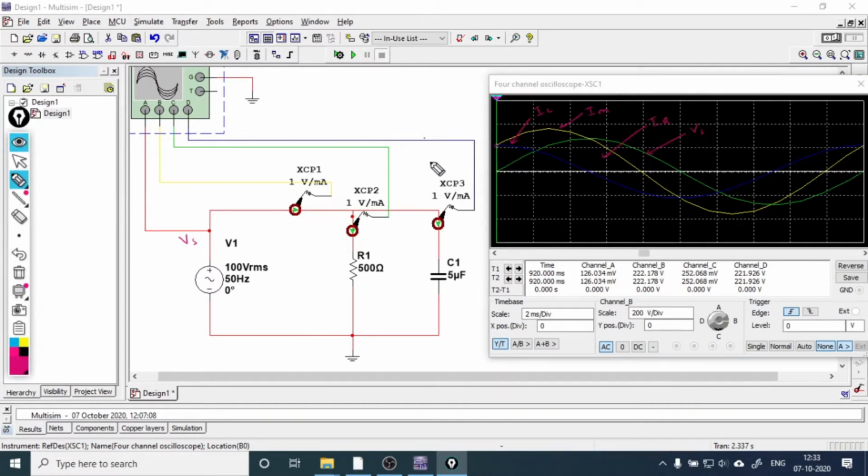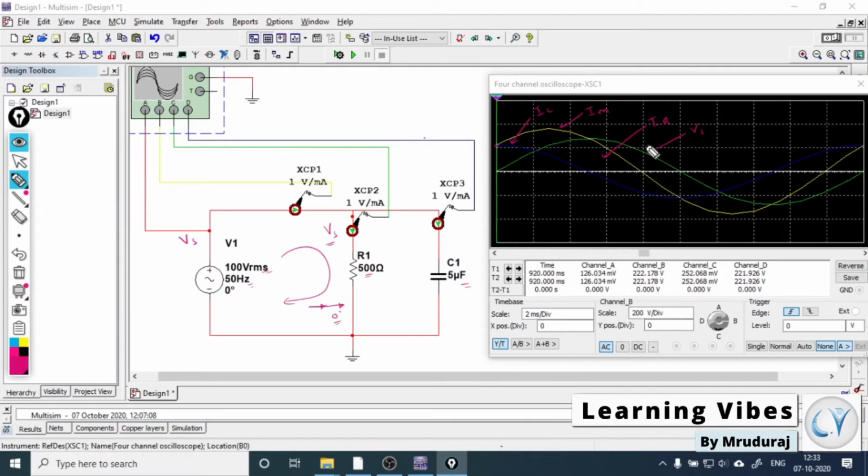See, the supply voltage Vs is the same, 100 volt and 50 Hertz, for this R1 resistor and C1 capacitor. Basically we have understood that for a purely resistive circuit, for this path, the voltage across the resistor and current flowing through the resistor are both in phase. So the phase angle between these two is 0. And from this diagram it is clearly visible.